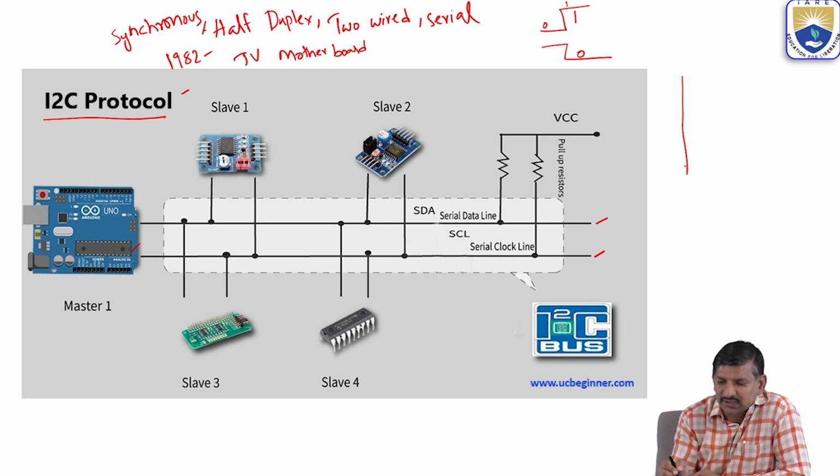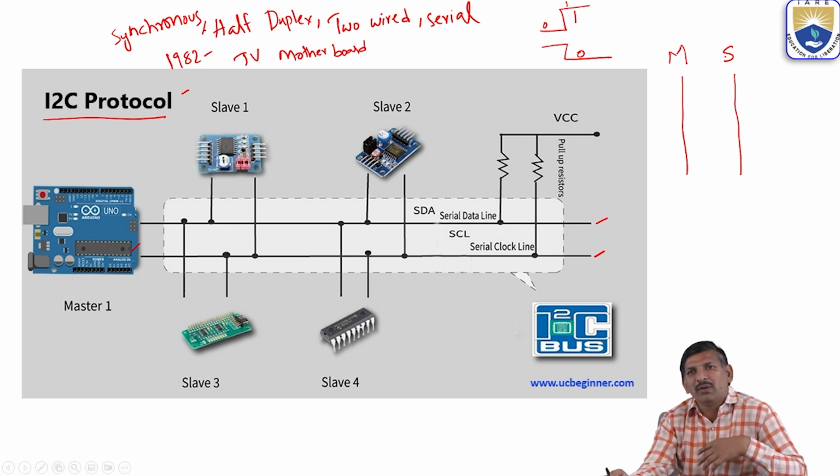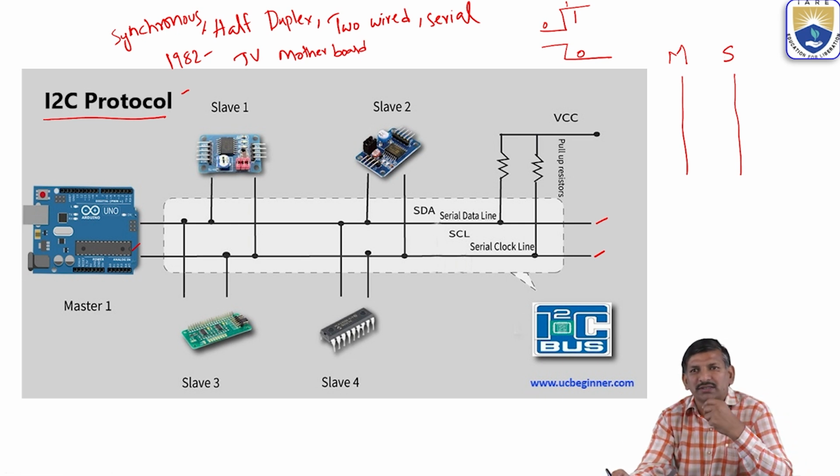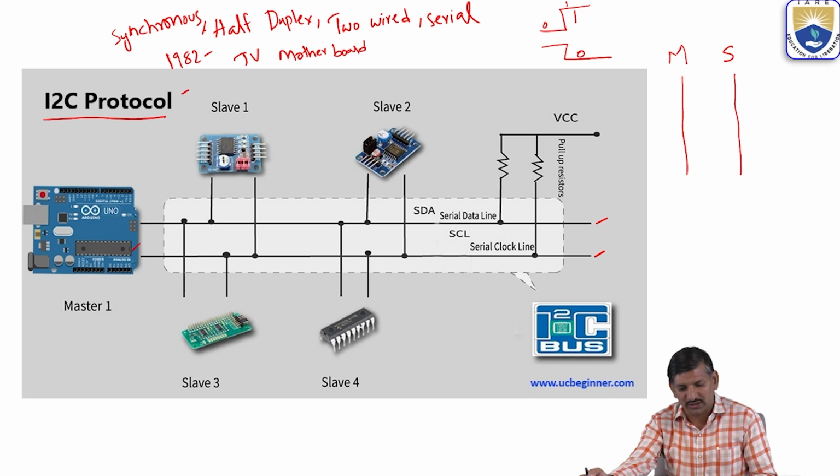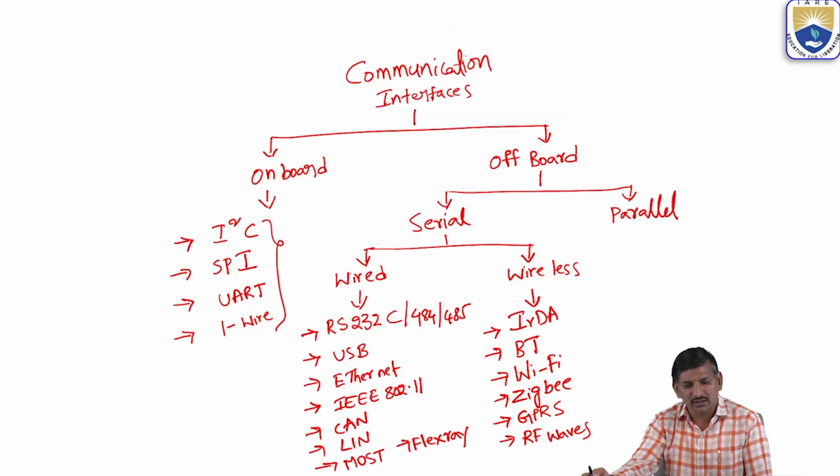Suppose this is master and this is slave. Whenever master wants to do some operation, before sharing the communication, look at the frame format.